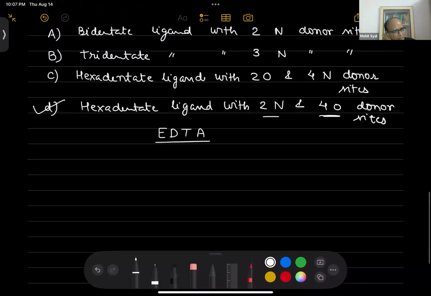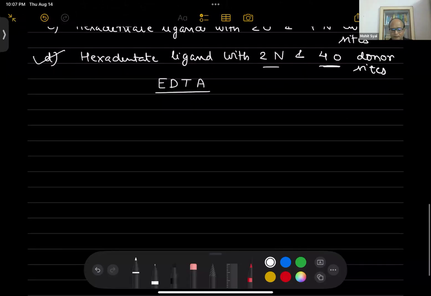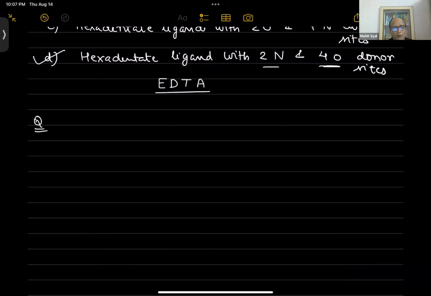So which of the following? This is basically a question related to IUPAC nomenclature also. So which of the following is a homoleptic complex?